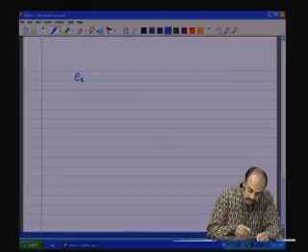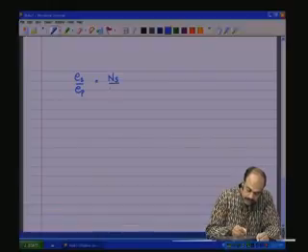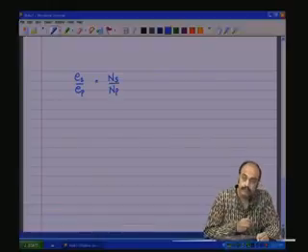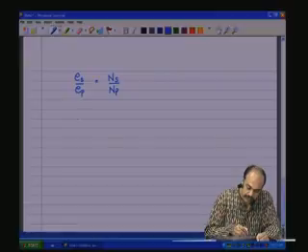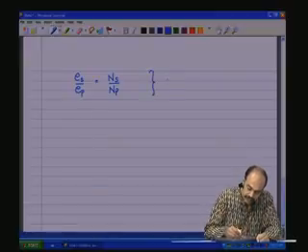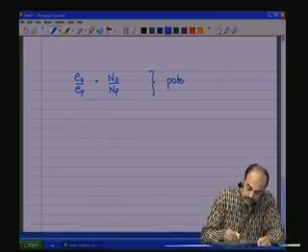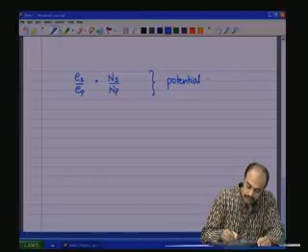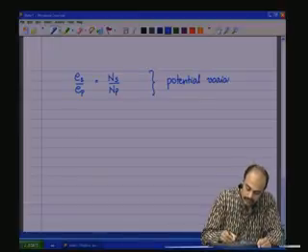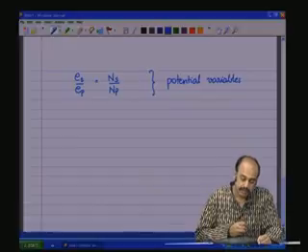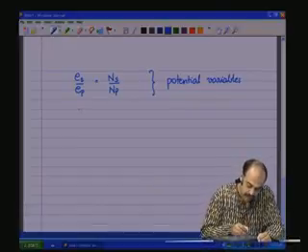Es by Ep, which is equal to Ns by Np. This is for the potential variable, variables of the ports, two ports.